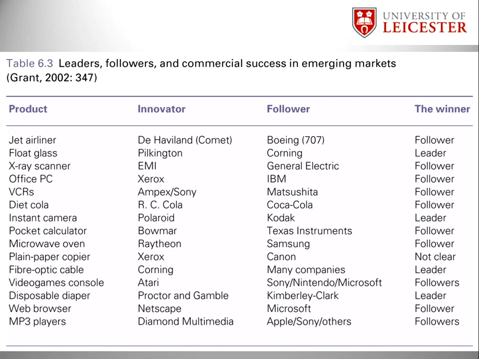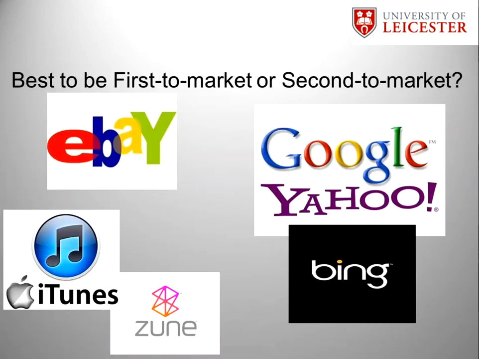So I'm sure you can think of examples where companies have got there first and been successful. eBay might be a good example, iTunes, and those companies have got there second, like Google, who got there after Yahoo, but nevertheless is much more successful now than Yahoo, or a slightly later Bing, who came to the market. So I'm sure you can think of examples of first and second to market.